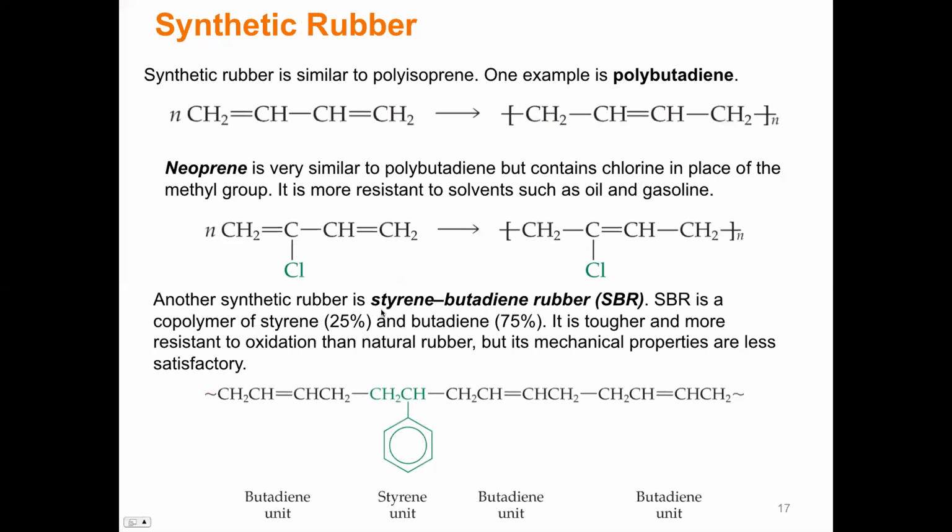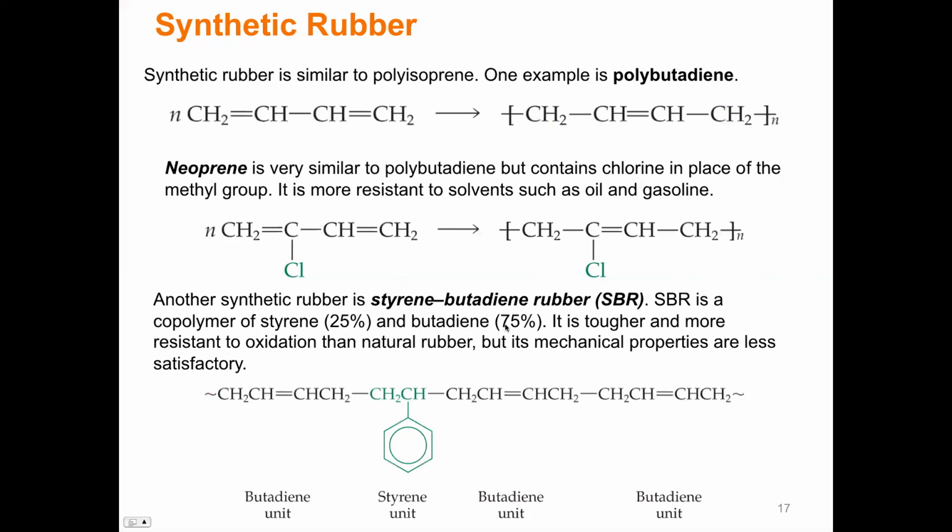And then, of course, styrene-butadiene rubber. So here you're sort of combining things. You have a butadiene, then a styrene, then a butadiene, then another butadiene. So they threw some styrenes in there. Here you can see 25% styrene, 75% butadiene. The interesting thing is that they can make different proportions of these and get different types of properties.